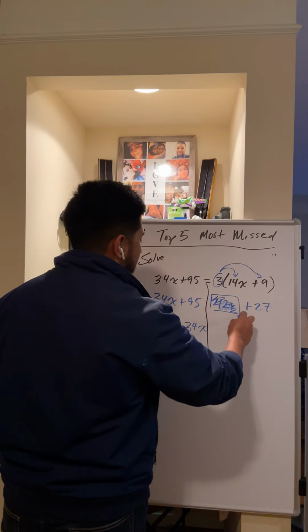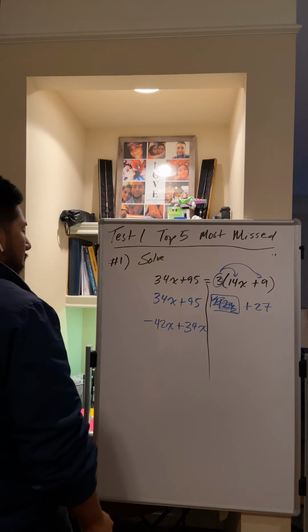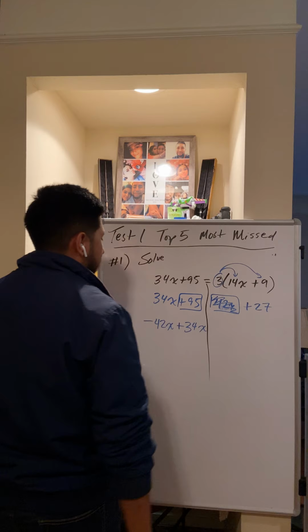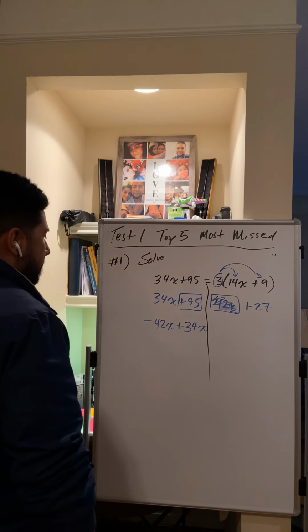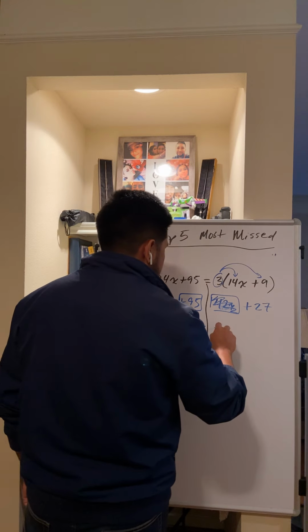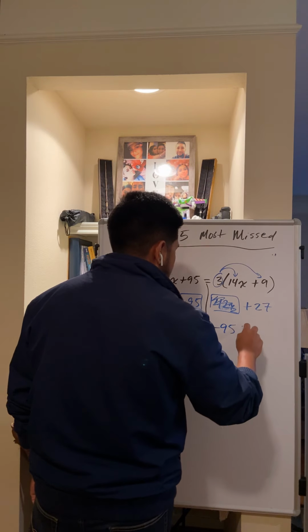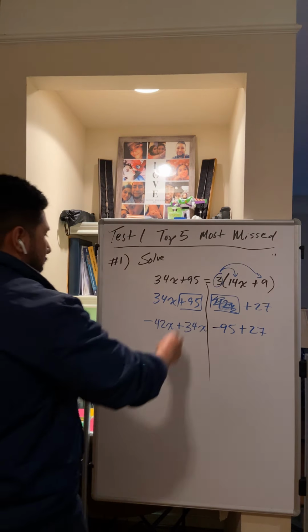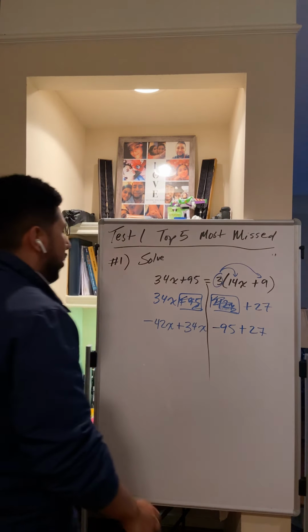This cancels out. We got a 95. Positive 95 turns into a negative 95 plus 27. And we should be good to go.